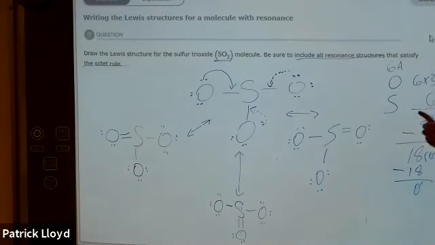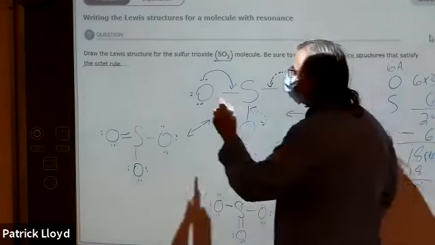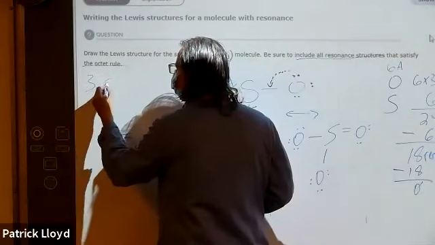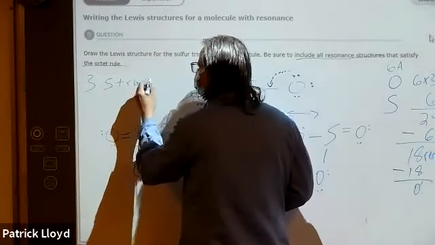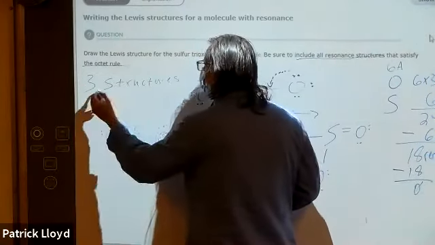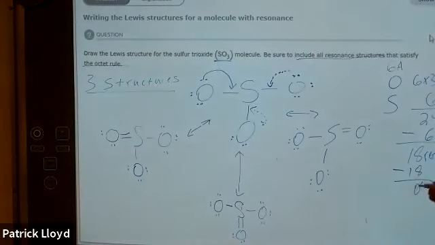And again, each atom satisfies the octet rule. So it looks like we've got 3 possible structures that satisfy. And that's called resonance.